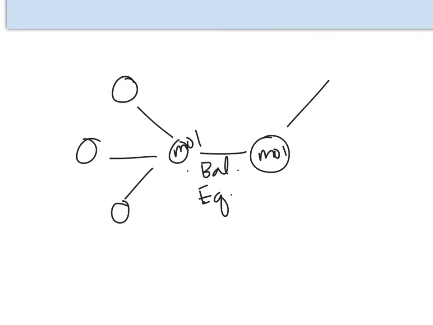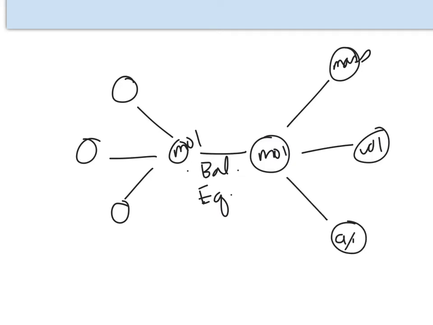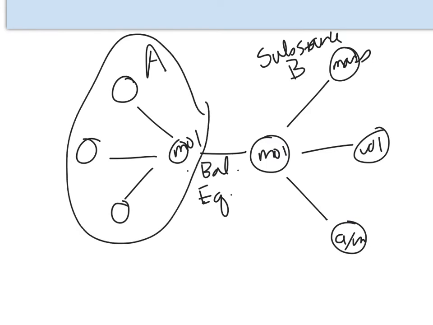And then I can go to mass, I can go to volume, and I can go to atoms or molecules, of, let's say, substance B, whereas this side would be substance A. So I'm going to use the exact same ratios that I used when I was doing single chemical conversions. It's just now I'm using my balanced equation to jump to the other side and then keep going.